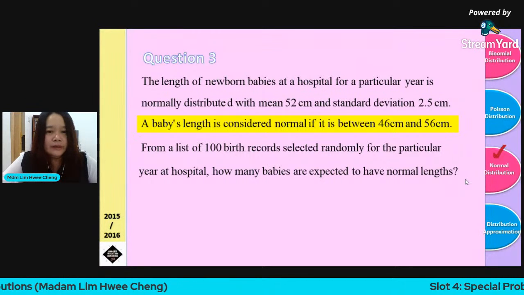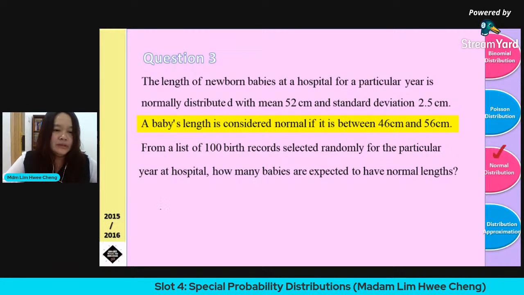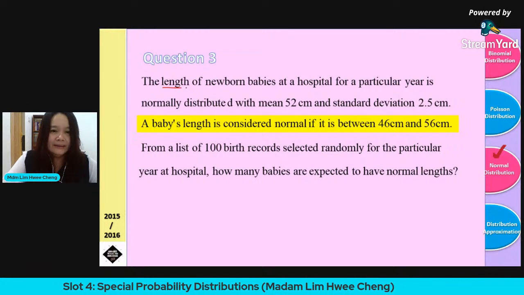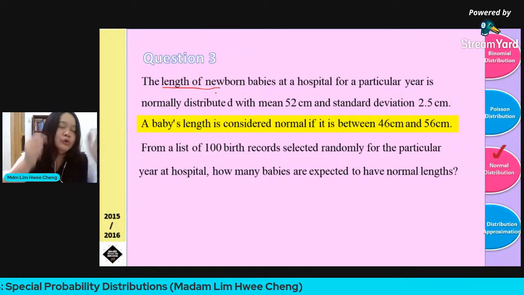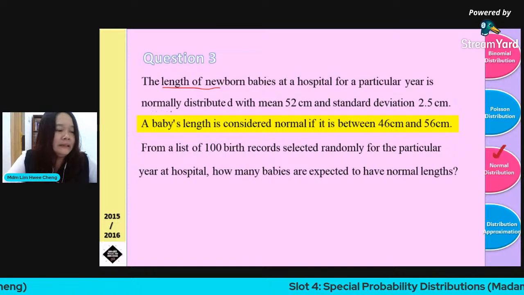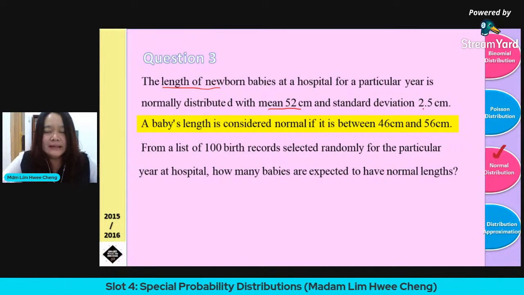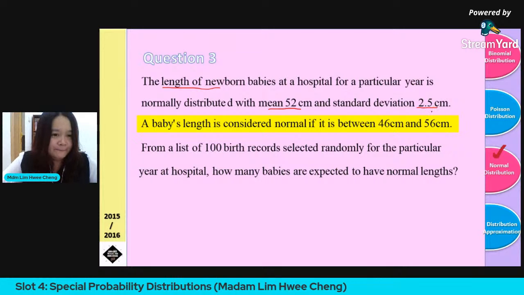The length of the newborn baby at a hospital. Okay, so when we read in the exam, this is a 2015 question, the length. In my mind, I should know, okay, this is continuous, so this should be a normal distribution. And they also tell us this is normal, with the mean of 52 and the standard deviation of 2.5.